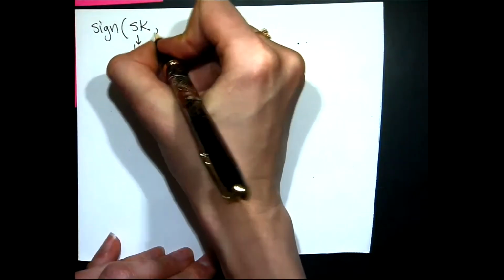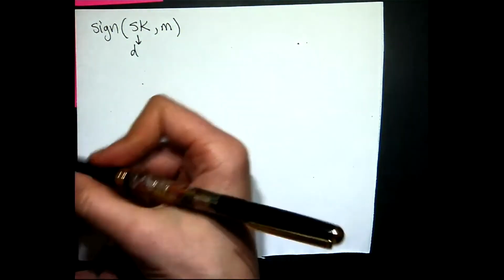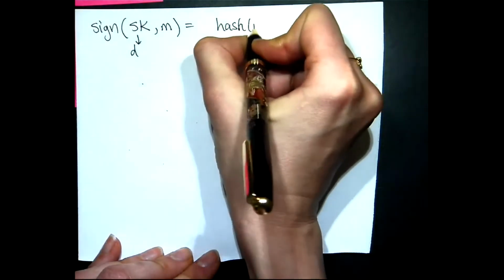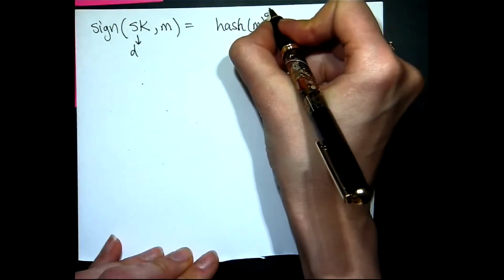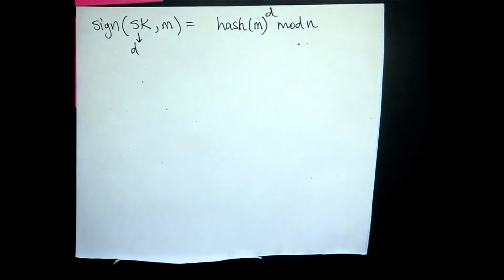All right, so to sign, remember that you sign with the secret key, which is D, a message M. What you do is you take the hash of the message M, you raise it to the power of D, modulo N. This is the signature.